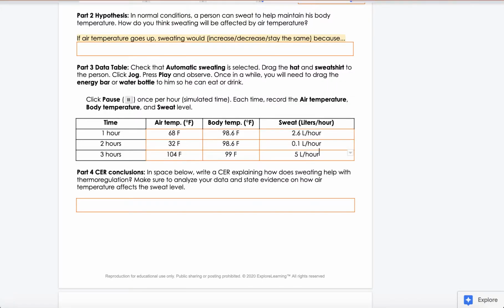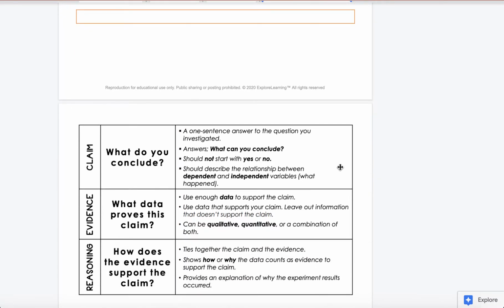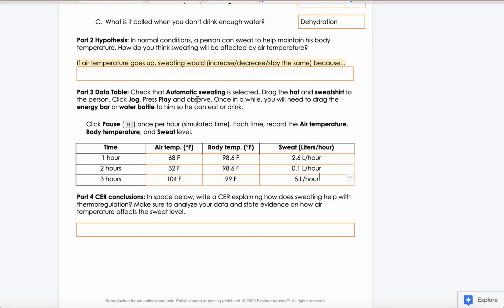All right, so when you're doing a CER, just a reminder, we want to have 3 different parts: a claim, an evidence, and a reasoning. Claim is a sentence to the answer you investigate. So you can have different claims depending on what was your hypothesis.